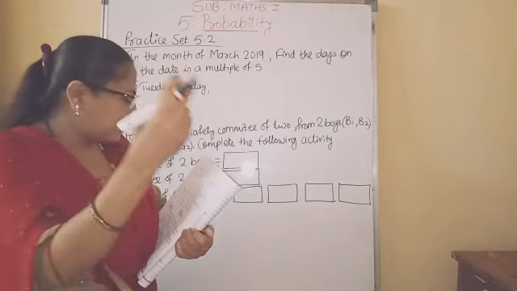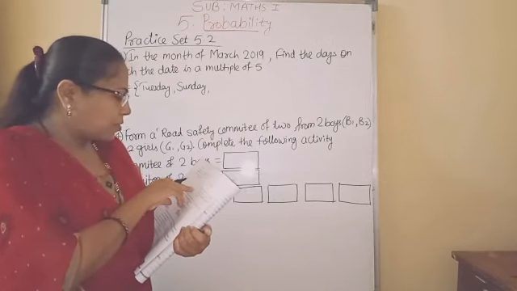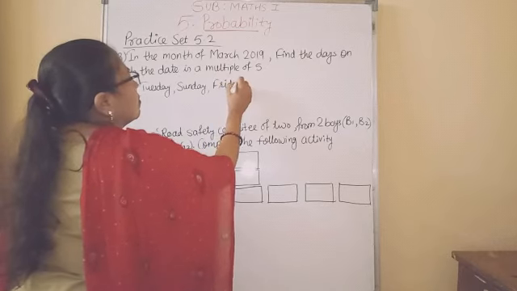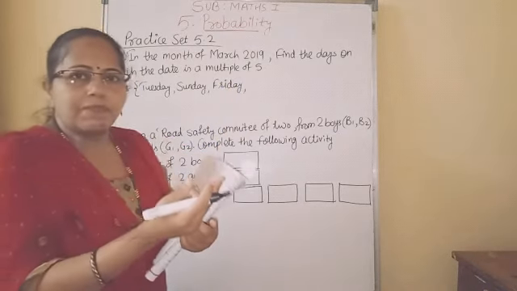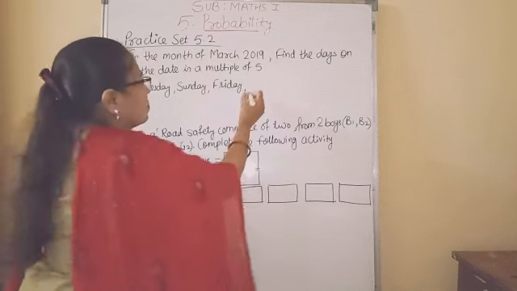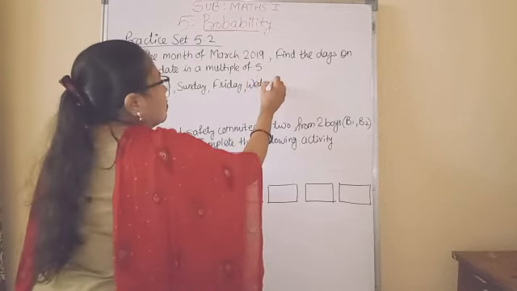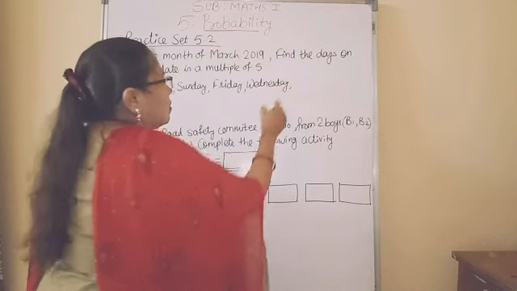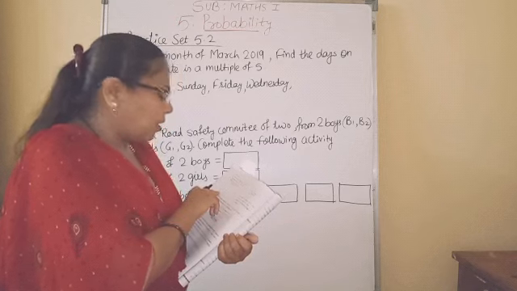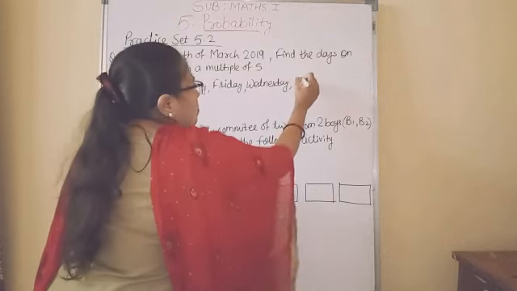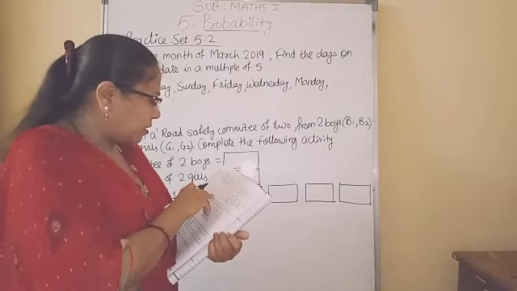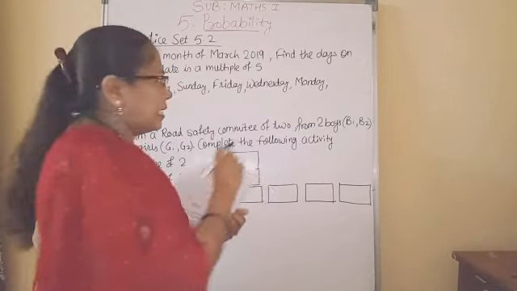After 5, 10. Next date is 15, which comes on Friday. After that 20. So 20 comes on Wednesday. After 20, 25th. 25th comes on Monday. And after 25, 30. 30 comes on Saturday.